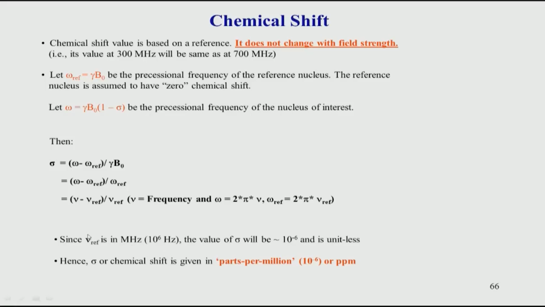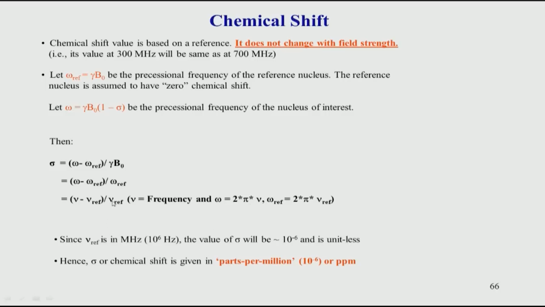Because, as we saw in the very first class, the magnetic field is measured in Tesla, and for any Tesla number, 9 Tesla or 10 Tesla or 15 Tesla, you multiply the magnetic field with gamma and the frequency comes out in megahertz. That is why we talk about 600 megahertz, 300 megahertz and so on. Similarly, nu ref, which is omega by 2 pi, is also in megahertz.